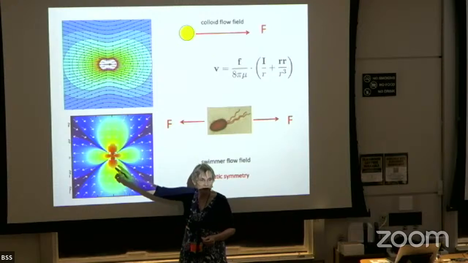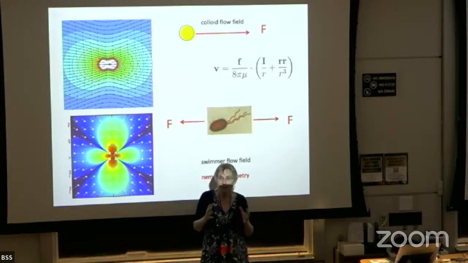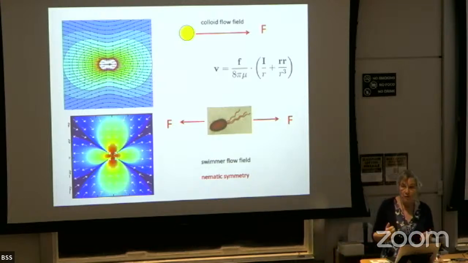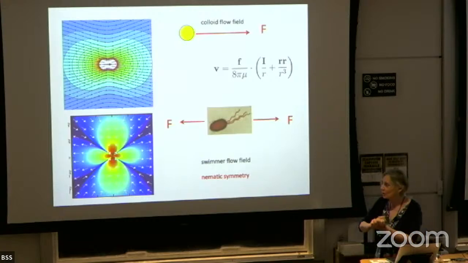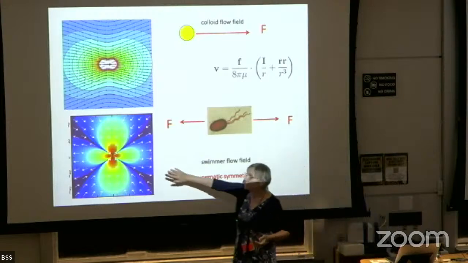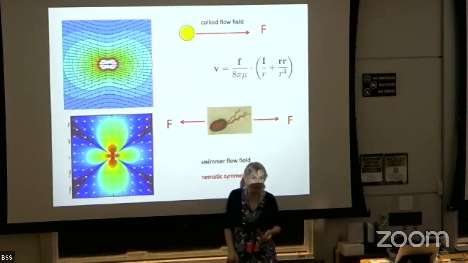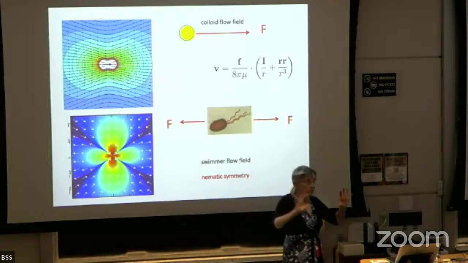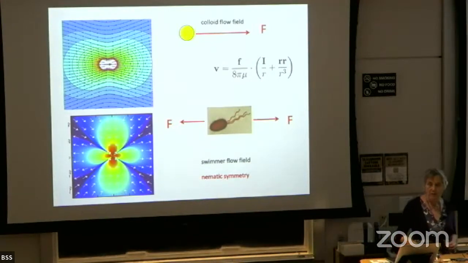Then you have to worry about the scallop theorem, which says that the swimmer's stroke must be non-reversible in time in order to actually get swimming. So it's a bit confusing thinking of swimmers actually swimming somewhere, but then talking about a long-range dipolar or nematic field. That's because what we're worrying about here is the far flow field, what happens a long way away from the swimmer.